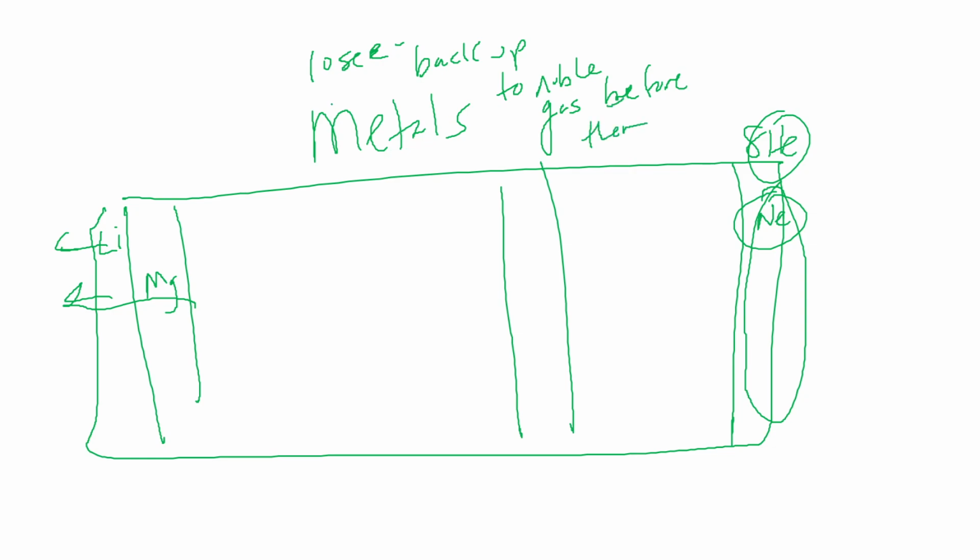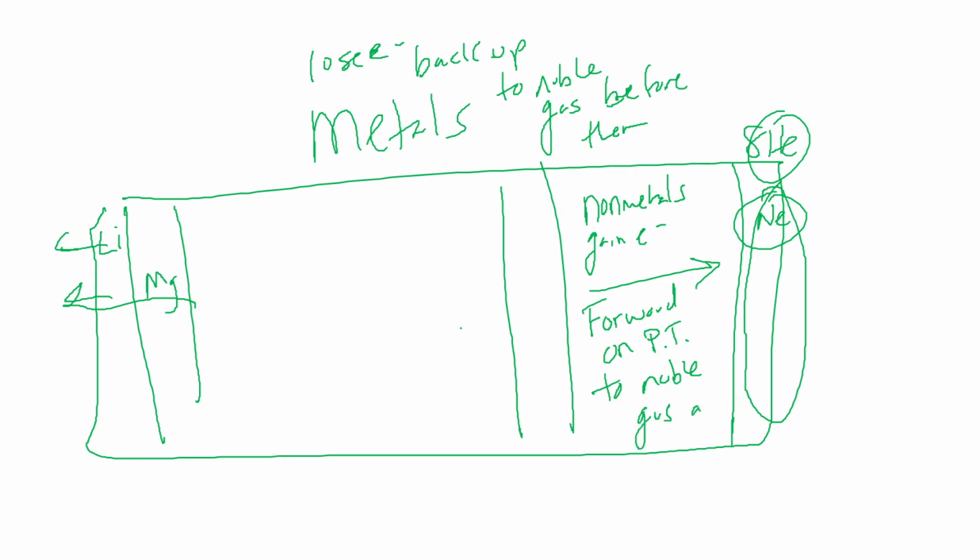On the periodic table, what happens with our non-metals? Well, our non-metals are right here. Our non-metals do the opposite. They actually gain electrons. They go forward on the periodic table to the noble gas after. So they go forward on the periodic table to the noble gas after them.